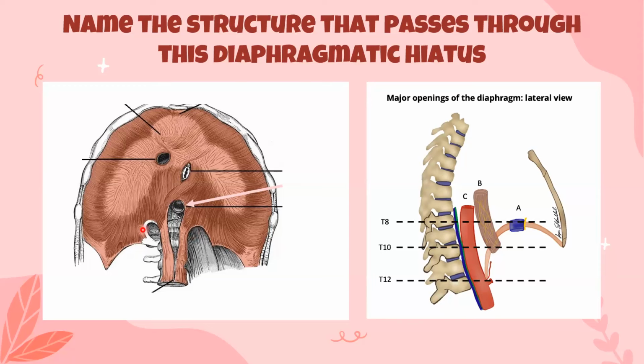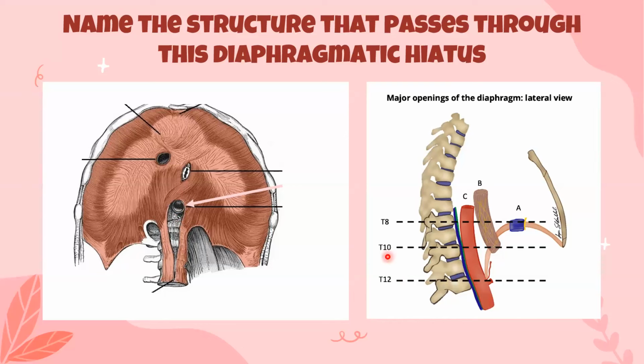Now, looking at this slide, you can see that you have two structures with one squished in between. The most posterior and immediately anterior to the vertebral column is going to be your aorta. This crosses the diaphragm at the level of T12. Immediately before that, at T10, a structure that is slightly towards the left side of the body because it's going towards the stomach is your esophagus.